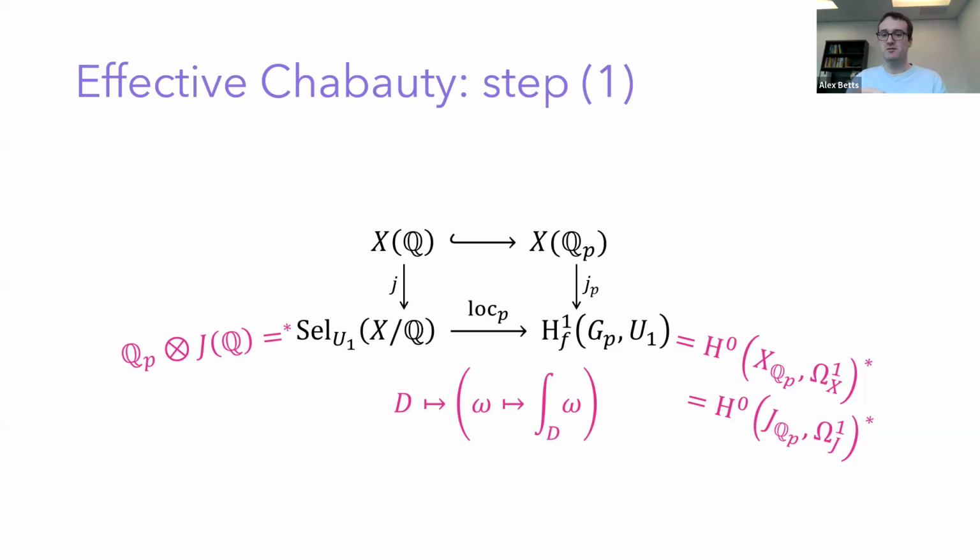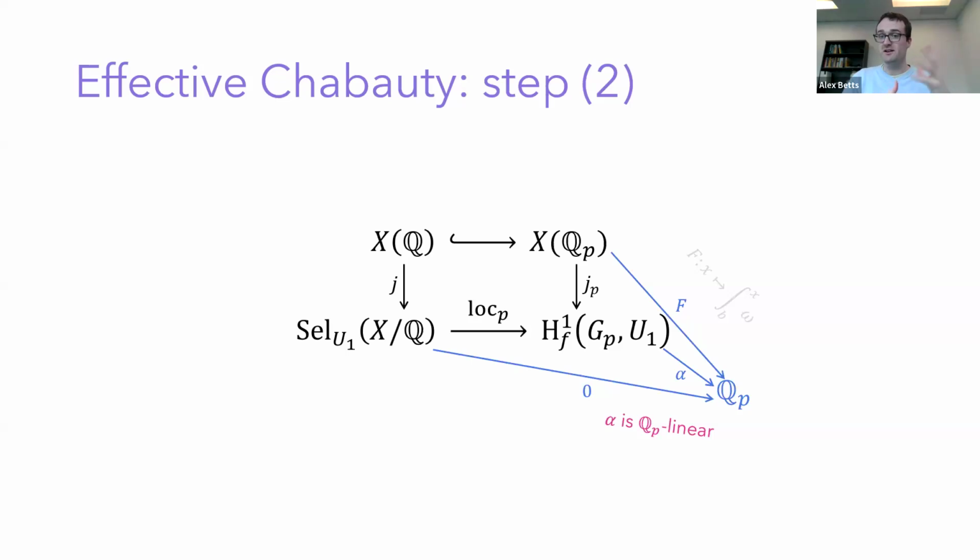And what that information tells me is, well, if r is less than g, then this linear map between vector spaces is certainly not surjective. In fact, I can take a linear functional on the local Selmer scheme which annihilates the image. So I'm able to say something more precise than some algebraic functional: I can actually get a linear functional.